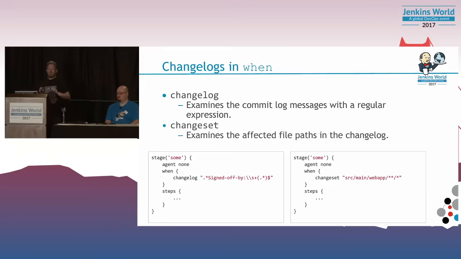So changelog will allow you to take a look at the commit log messages for your build in relation to the previous build, and decide whether or not to execute that stage based on whether you match a regular expression pattern within that changelog. While changeset looks at the file paths and allows you to say, did I see a file that was changed matching this Ant style path expression.